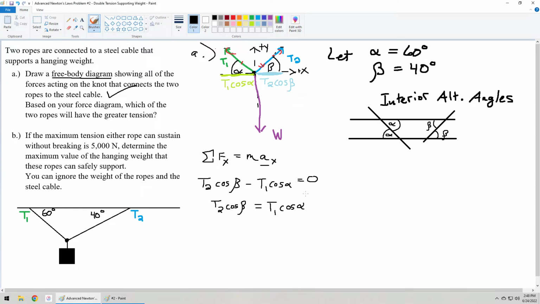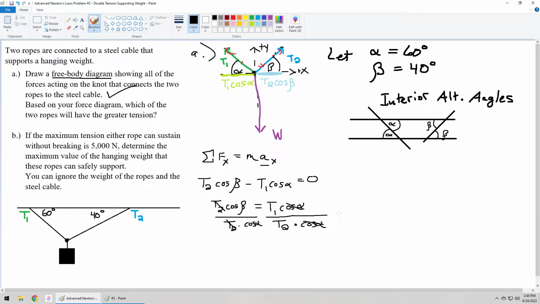We're getting somewhere. We can divide both sides by T2, and we'll also divide both sides by cosine of alpha, times cosine of alpha, which will get rid of this piece.